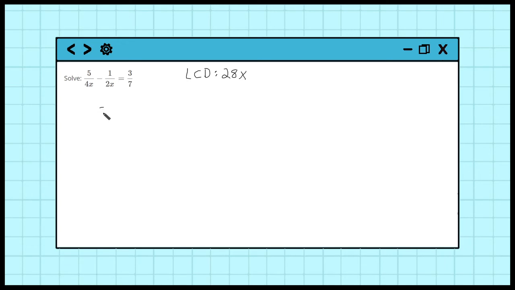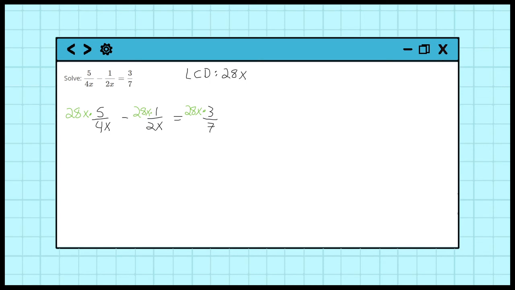I'm just going to rewrite the problem a little bit more spaced out to make it easier to multiply through. And now I'm going to multiply each thing by that least common denominator. So 28x times, 28x times, and 28x times. Ta-da!